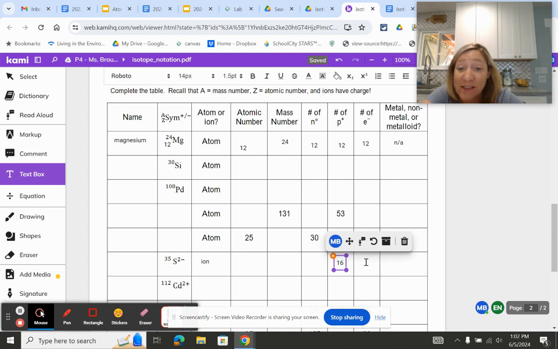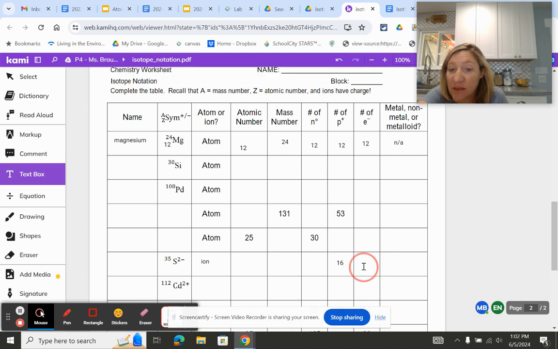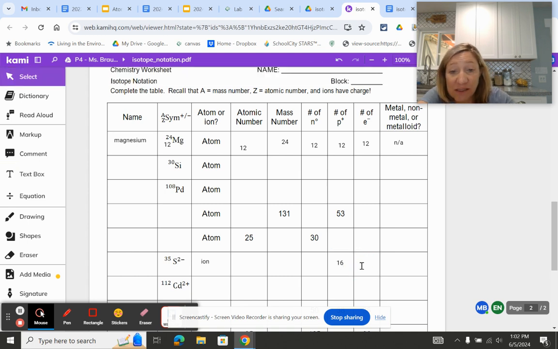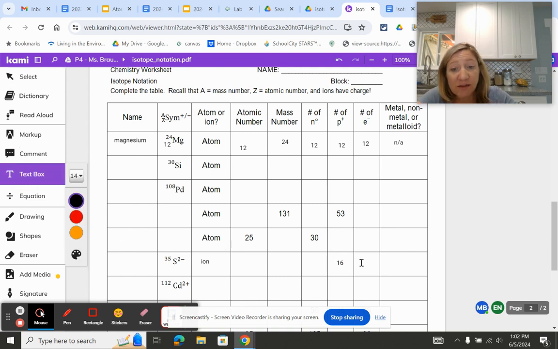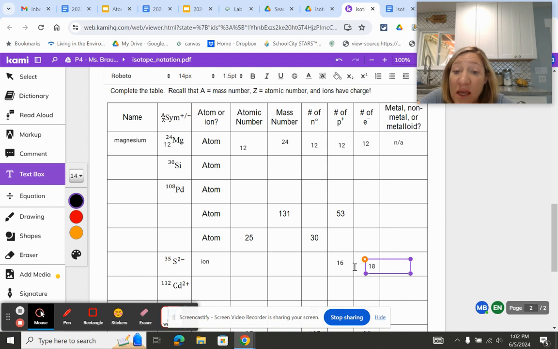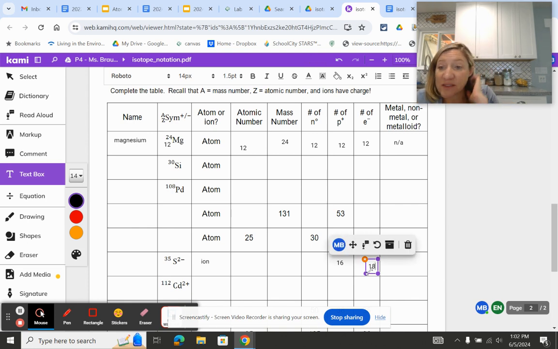So if I had 16 and I have 2 extra electrons, that makes this 18. Okay, so again, it should be equal to protons, which would be 16, but since I have 2 extra electrons, that means it's 18.